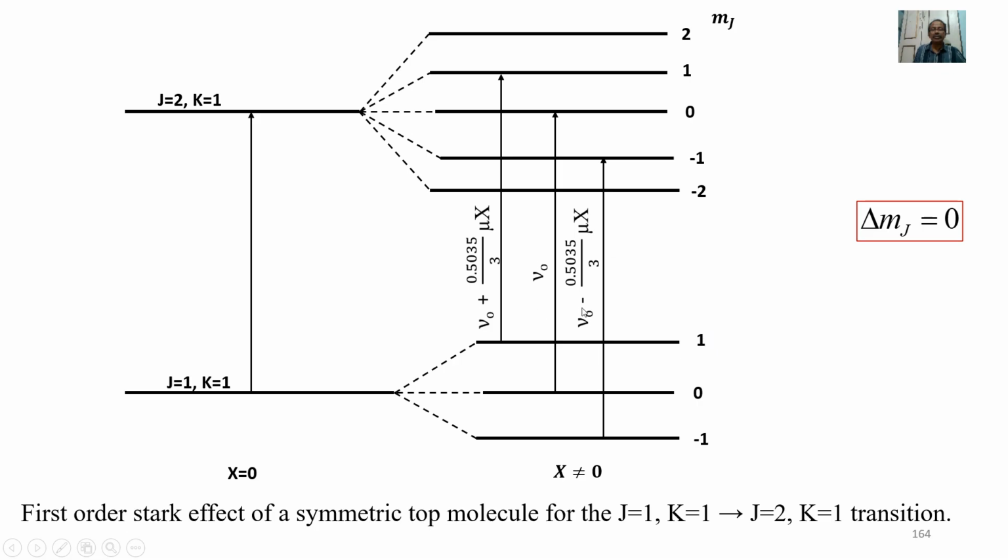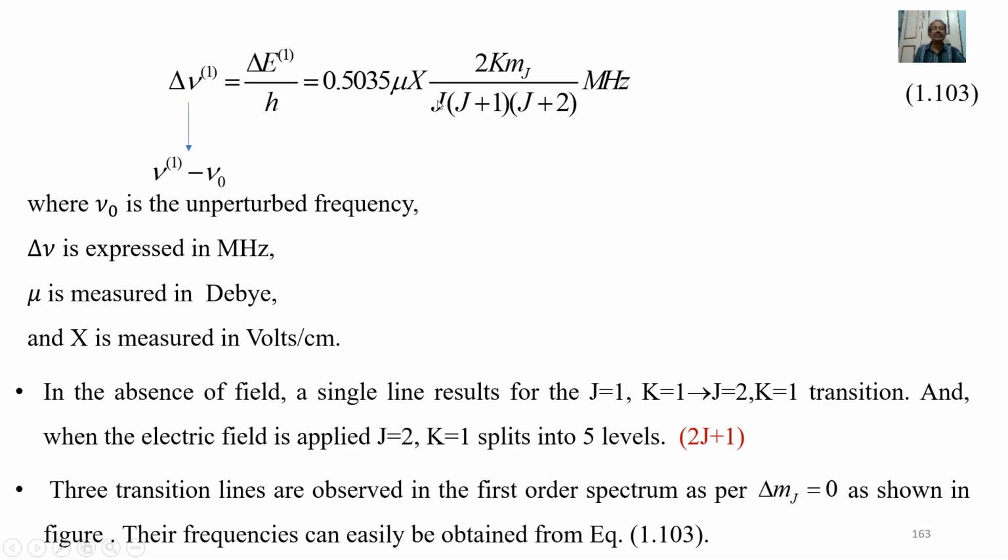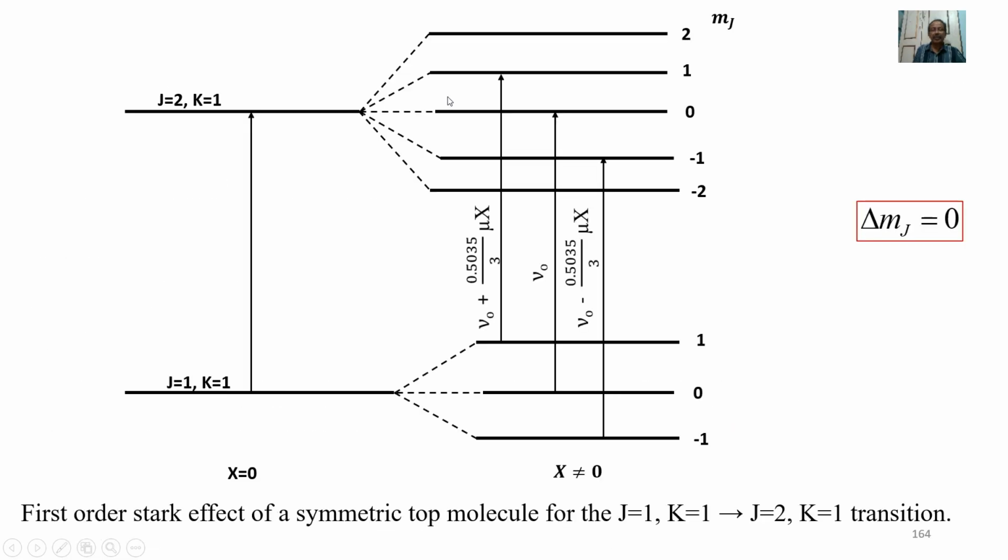Between these two levels, we have transition, and the transition will take place according to expression 1.103, according to this expression, del mu 1. And of course, del mu 1 equals mu 1 minus mu bar. You bring this mu bar this side, we will have mu bar plus. So this is what it is given as mu bar plus. And here it is mu bar minus.